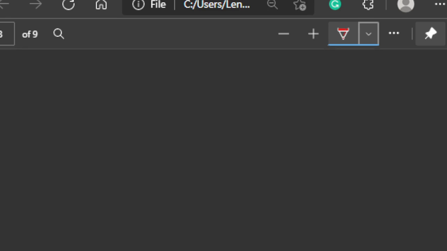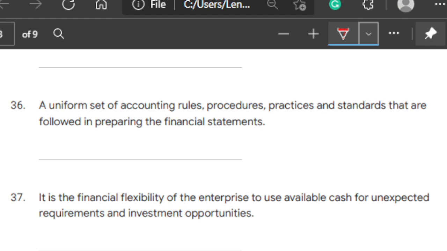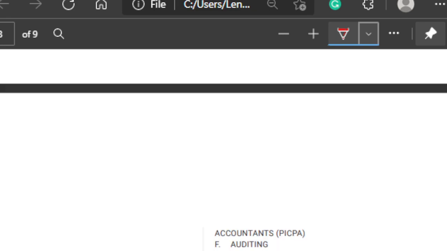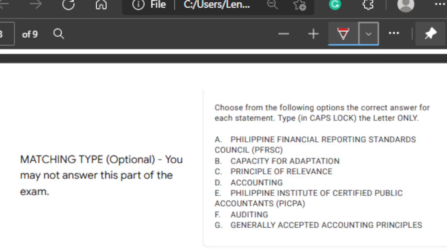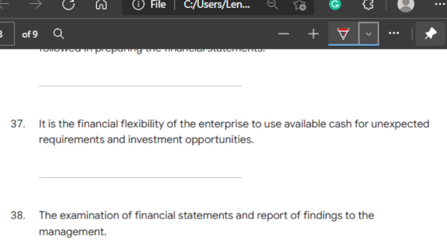A uniform set of accounting rules, procedures, practices, and standards that are followed in preparing the financial statement. So, our answer here is GAAP or the Generally Accepted Accounting Principles. Letter G for number 36.